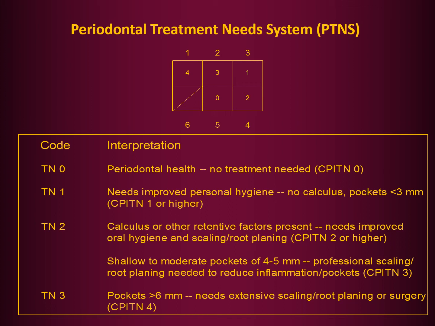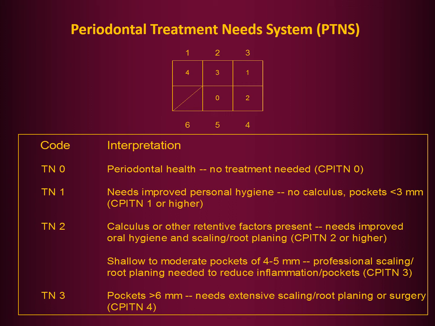And it goes from 0 to 3, meaning that if someone has a 0 for CPITN, they would need no treatment at all. A treatment need of 1 means that the person would need oral hygiene instruction, because there's no calculus present and the pockets are shallow. They really wouldn't need any scaling and root planing, for example.